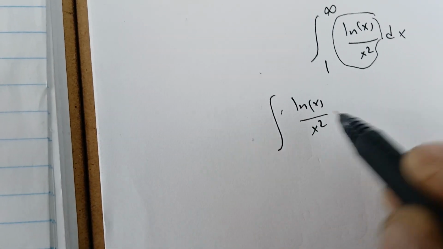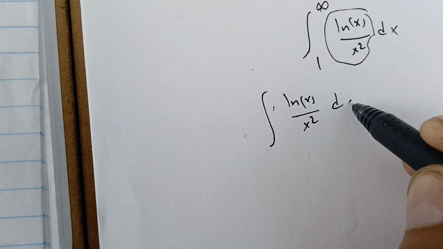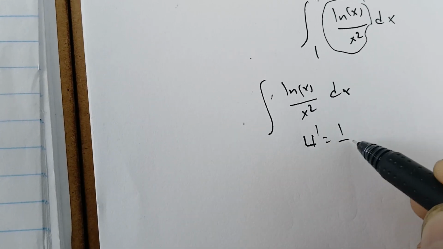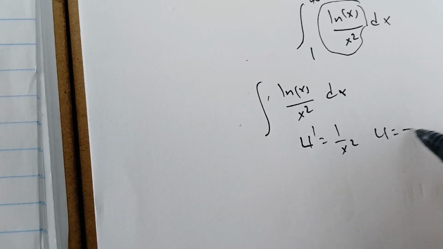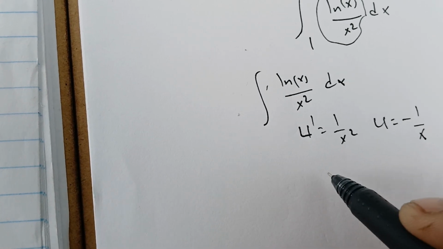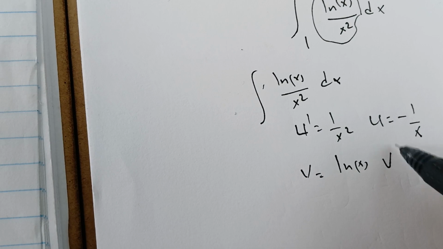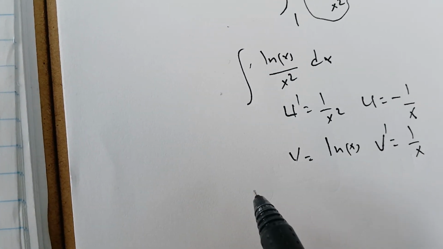If we define u prime as 1 over x squared, then u is minus 1 over x. And if we define v as ln of x, then v prime is 1 over x.